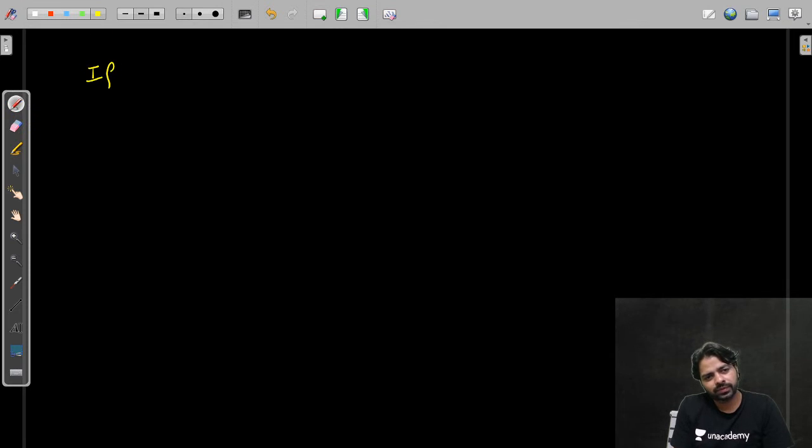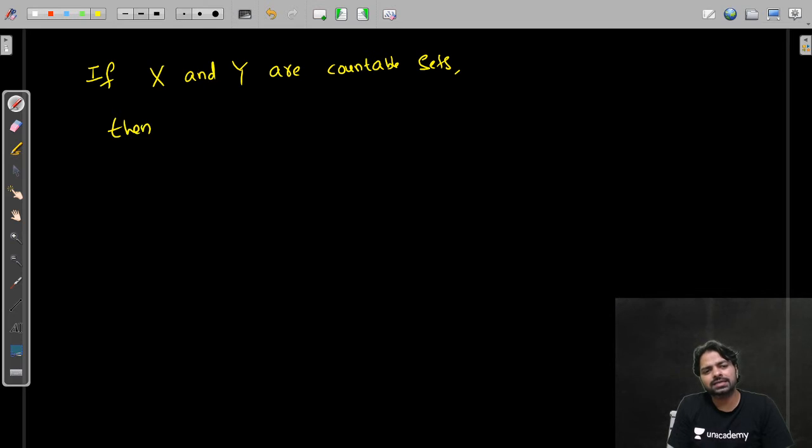Suppose x and y are countable sets, then you can say that x union y is countable.